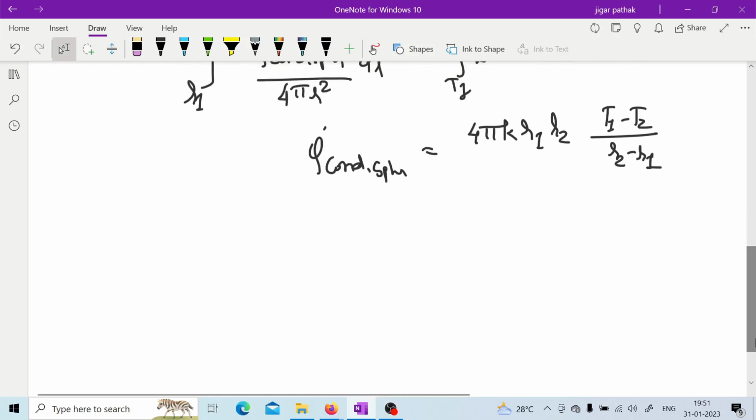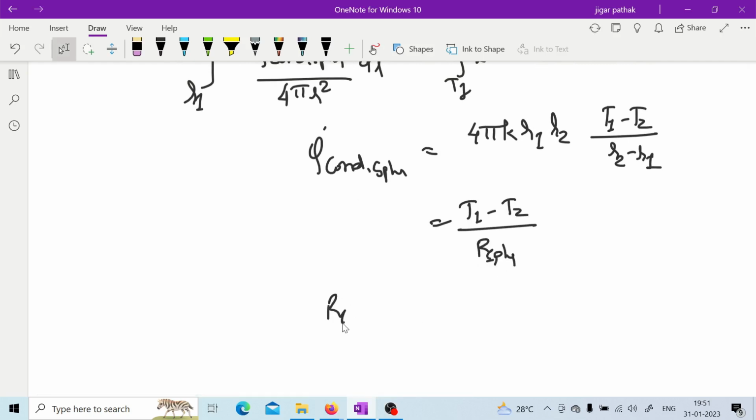Here also you can write T1 minus T2 upon R sphere, where R sphere is nothing but (R2 minus R1) upon 4 pi K R1 R2. This is how you have the resistance and heat conduction for all three different types of wall.